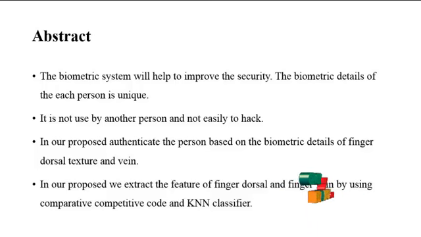The comparative competitive code is a very good feature extraction algorithm. It helps to extract characteristics of the features of our input image. Then the ANFIS classifier will classify the features with the best accuracy, sensitivity and low error rate. All the above methods will improve our authentication quality.